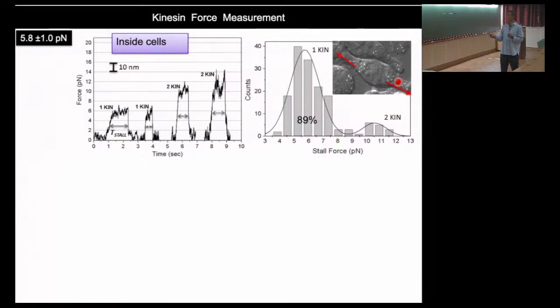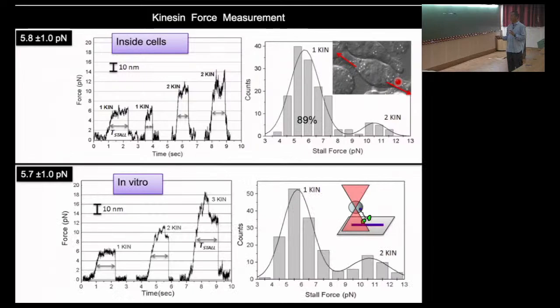Now the interesting thing here was, let me come to that later. We then made a histogram of how many events are driven by 1 versus 2 kinesins, based on this information, if that interpretation is correct. We think that about 90% of events of these phagosomes are driven by 1 kinesin. That does not mean that there is only 1 kinesin on the phagosome. That's the 1 kinesin that is able to engage at a time and generate force, and sometimes there are 2 kinesins.